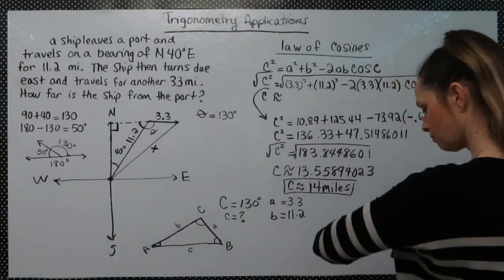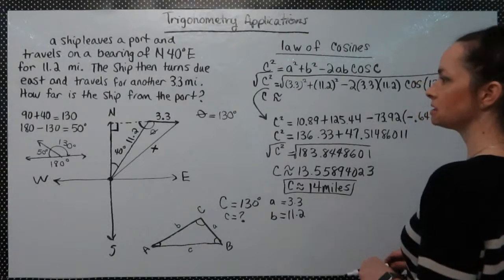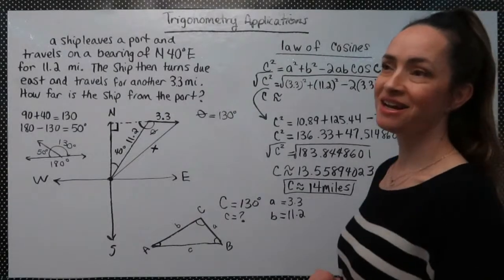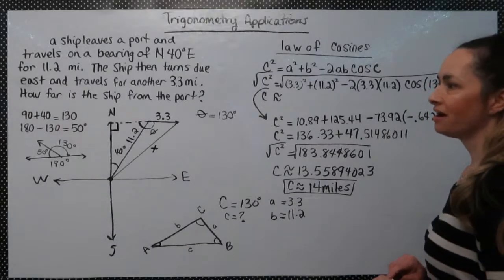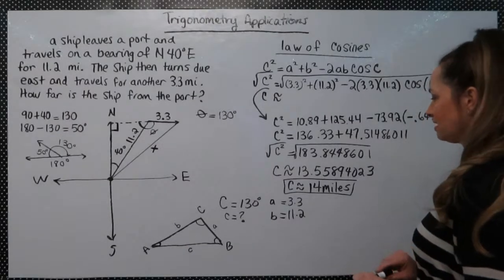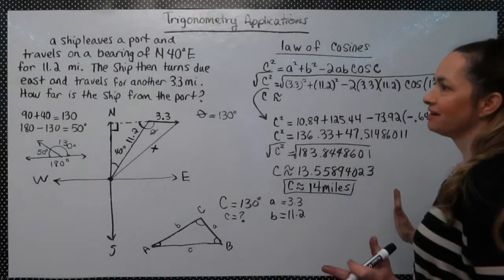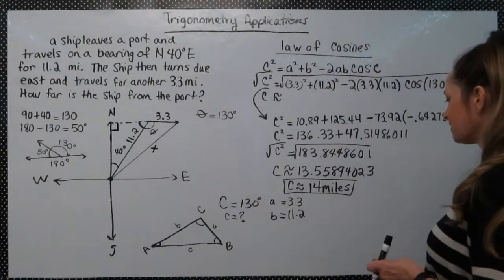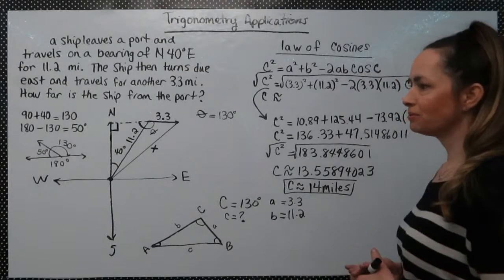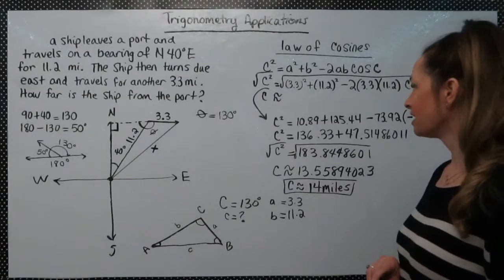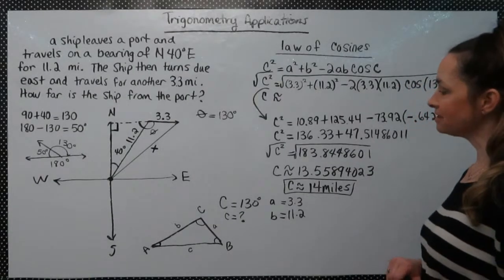So do I want to stop early? Because this was really fast. Sometimes you find the shortest path to the place that you're looking for, and in this case, it was the law of cosines.